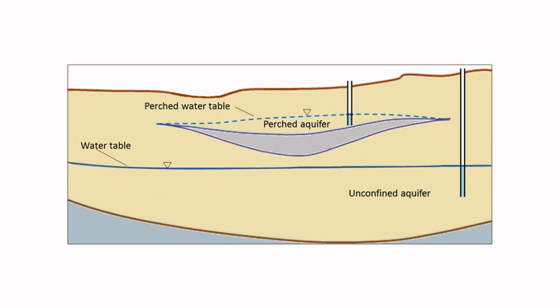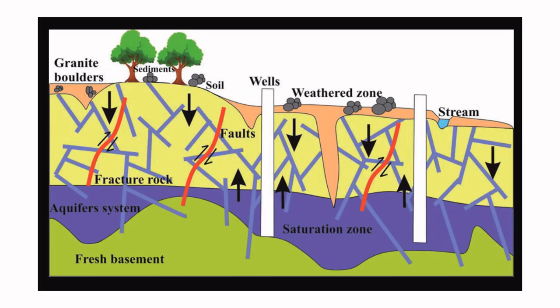So the groundwater in granites is related to rock types occurring in the zones of weathering. The granite boulders here keep being exposed to different kinds of weathering and erosion, and they become sediments and then soil, and then some of the layers form the weathered zone.